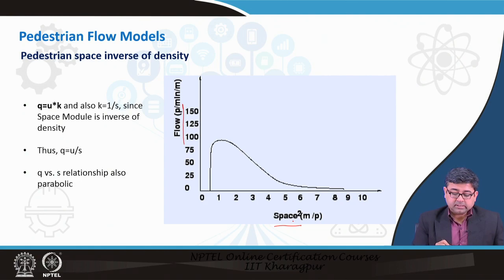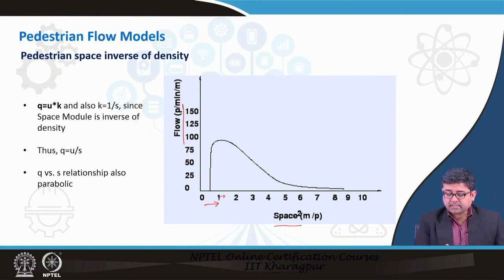When we see the graph between flow and space, we notice that as space increases, so does the need for space. I may need a little less than 1 square meter to walk freely, whereas some may need a little more than 1 square meter.